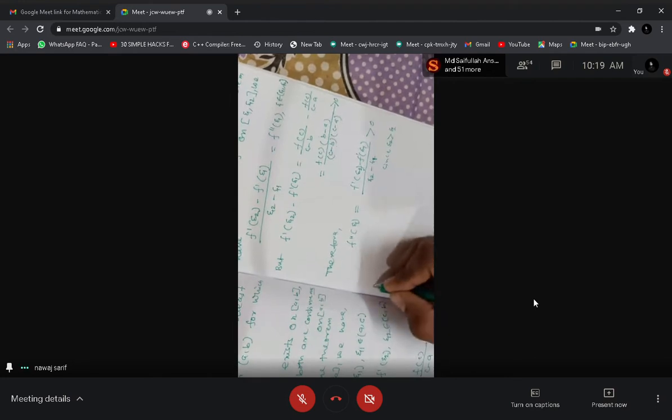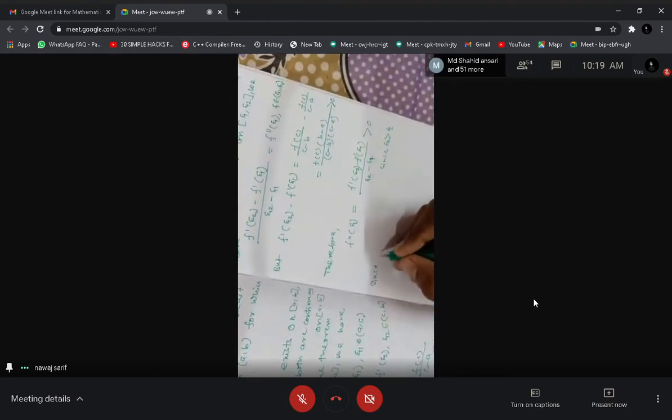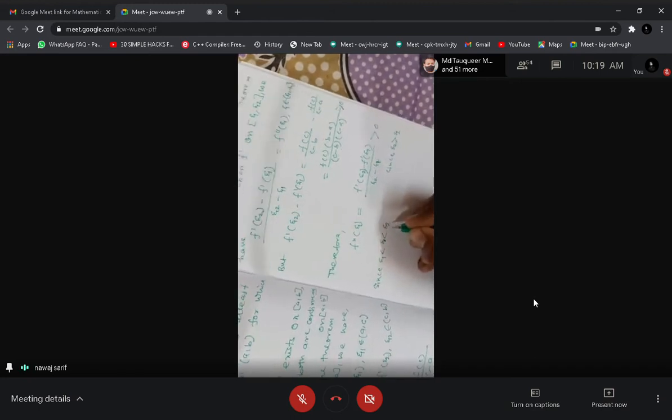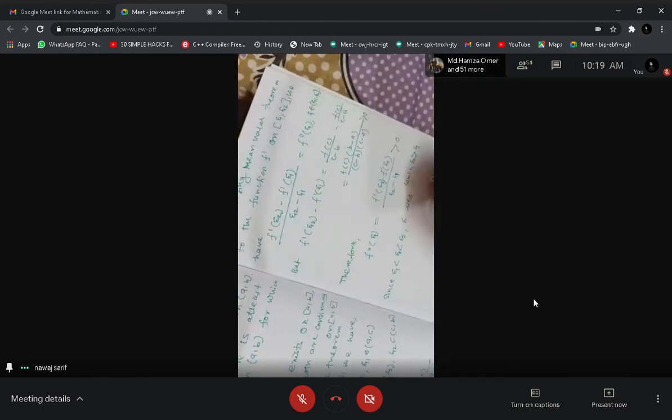Okay. Since xi1 less than xi less than xi2, so xi is between the interval a and b.